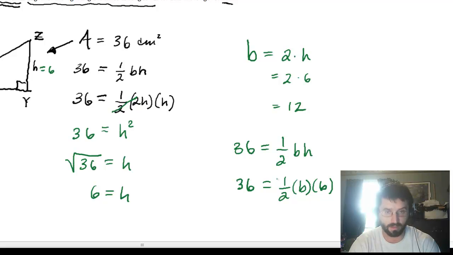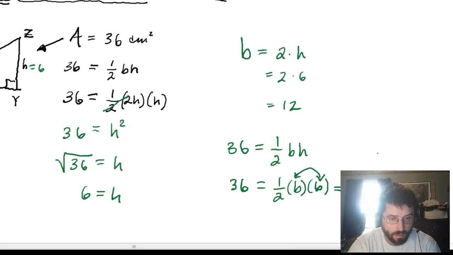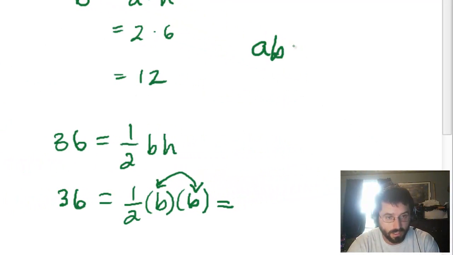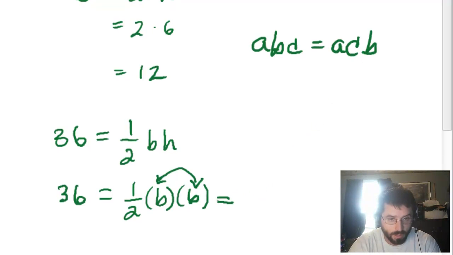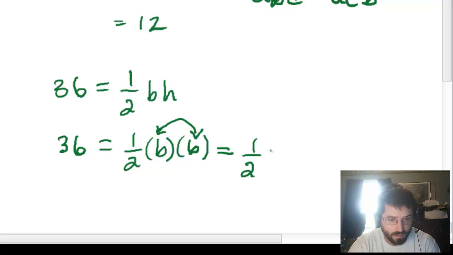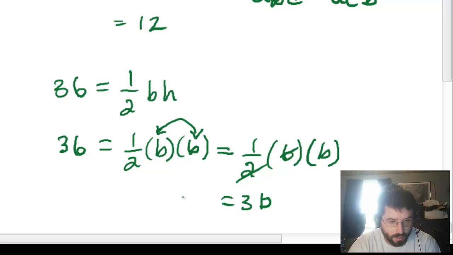If we double everything, actually we can use the associative property here. That's even better. If I use the associative property, I can swap these, because A times B times C is the same as A times C times B. So I'm going to go 1/2 of 6 times B. 1/2 of 6 is 3, so I get 3 times B equals 36.